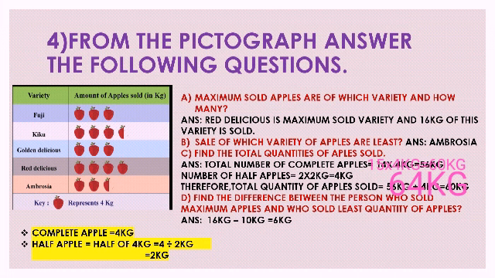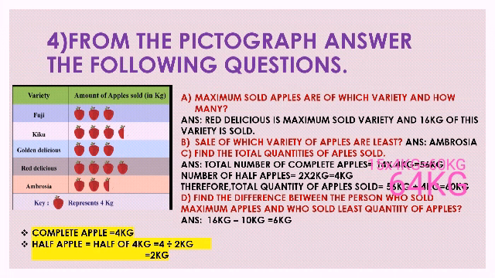Remember this very nicely. Pay attention. One diagram of the apple means 4 kgs of apple. So for the variety Fuji, there are 3 diagrams of the apple. So if one apple means 4 kg, 3 pictures of the apple means 3 4s are 12 kg.